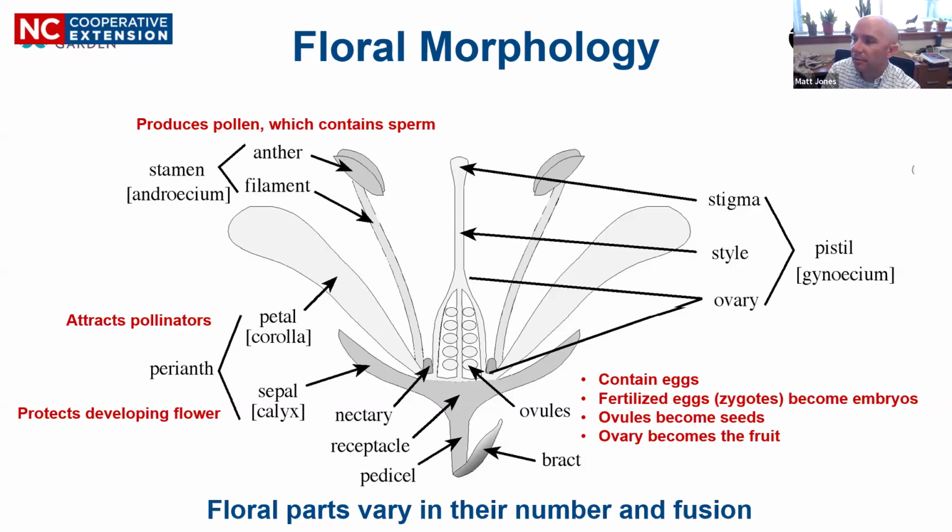So you might see some flowers that have very colorful and prominent stamens or pistils or sepals, etc. Combined, the corolla and the calyx comprise the perianth, which literally means outer flower. So these are the parts of the flower that are not directly involved in sexual reproduction.